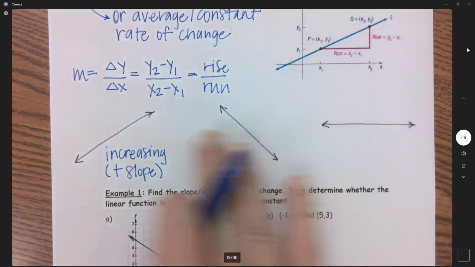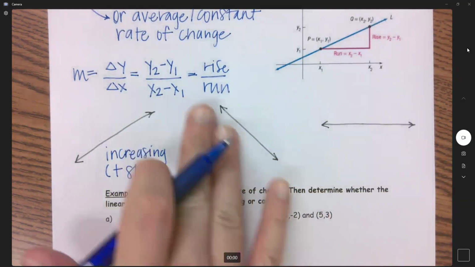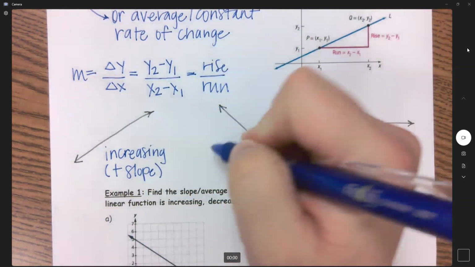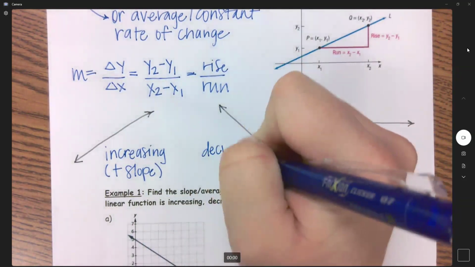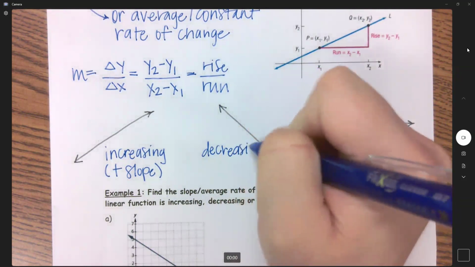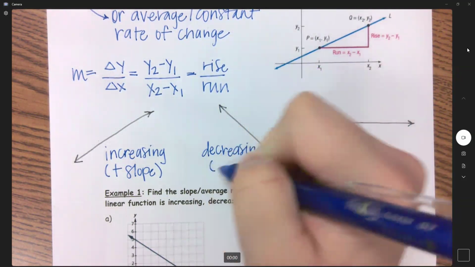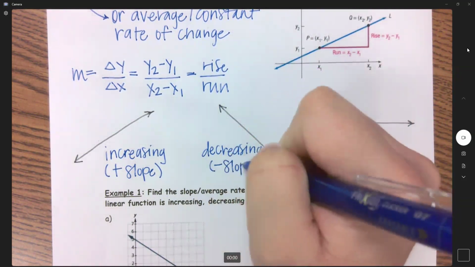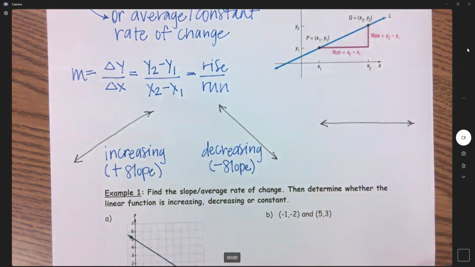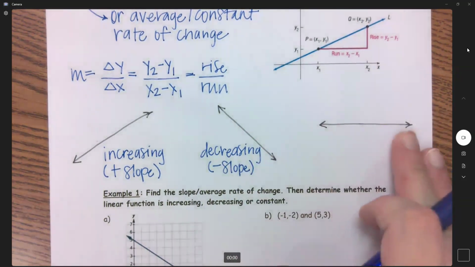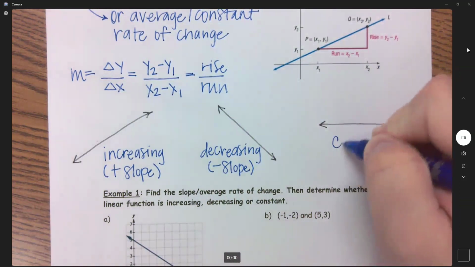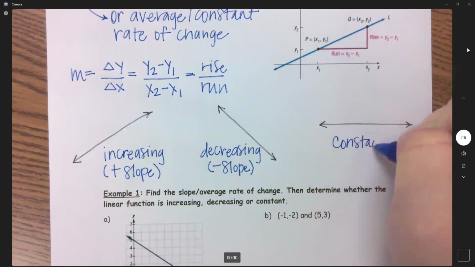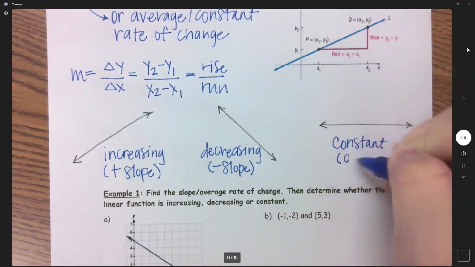Opposite, as you're going from left to right, if this line is going down, we now have a decreasing slope, and decreasing slopes always have a negative slope. And lastly, if we have a horizontal line, that is considered our constant slope, and constant slopes have a slope of 0.